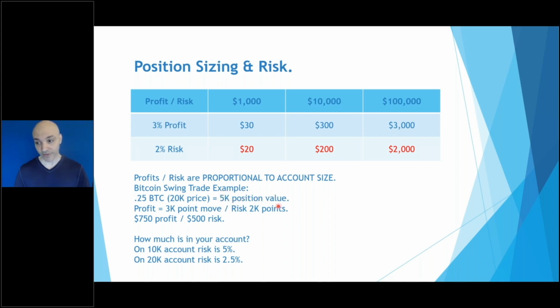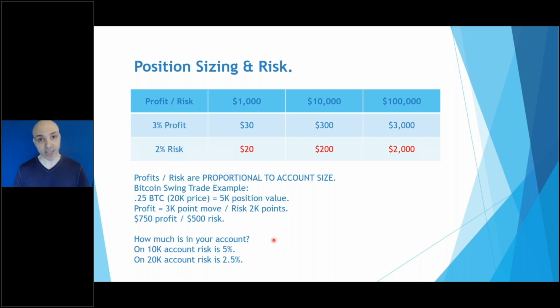Now, if you have a 3,000 point move and you're risking 2,000 points, which is a typical swing trade, this is what you're looking at: a potential $750 profit versus $500 of risk. Again, this assumes a position value of $5,000, or 0.25 Bitcoin.